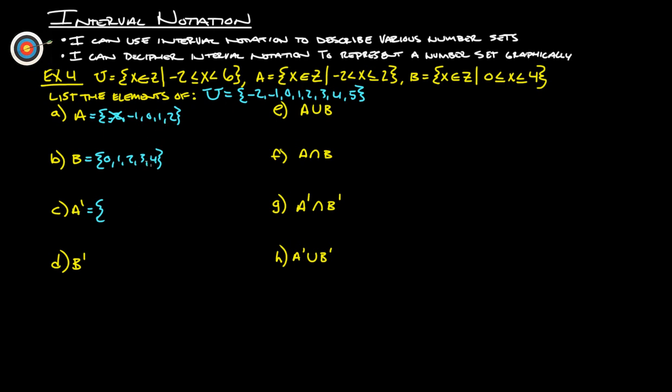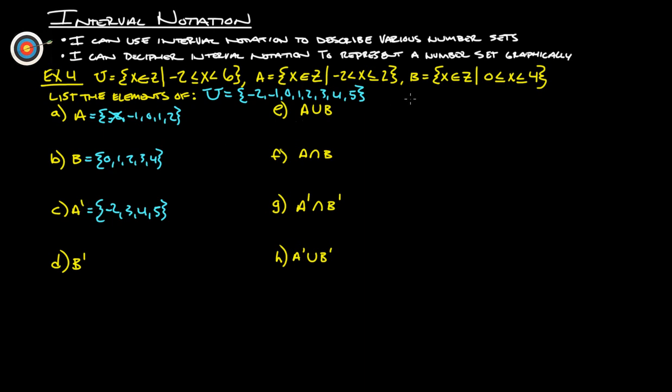So we've already got -1, 0, 1, and 2. Which parts do we not have? We don't have -2, 3, 4, or 5. So -2, 3, 4, and 5 would be A prime.